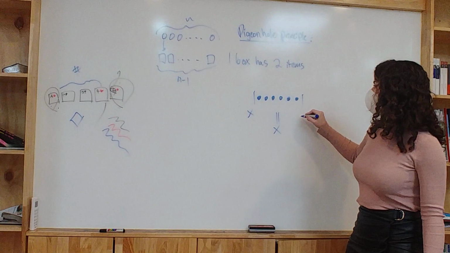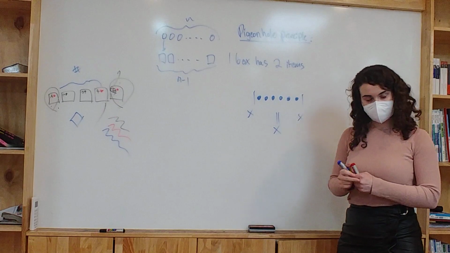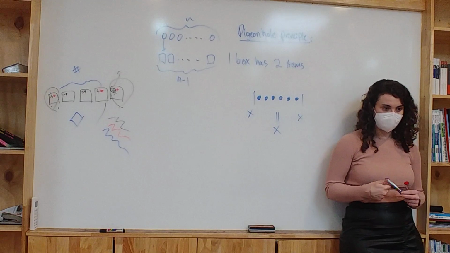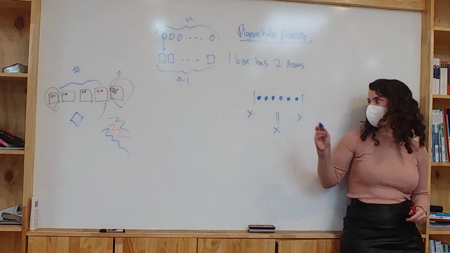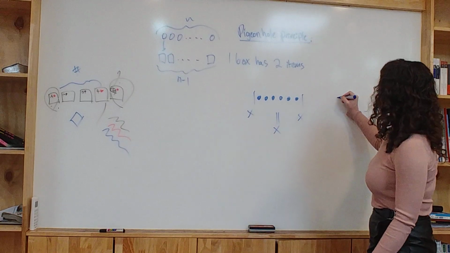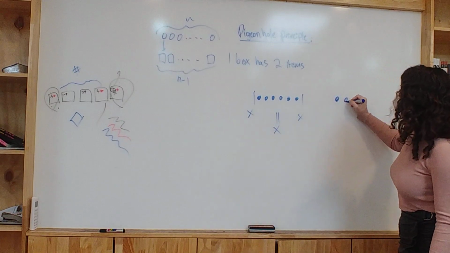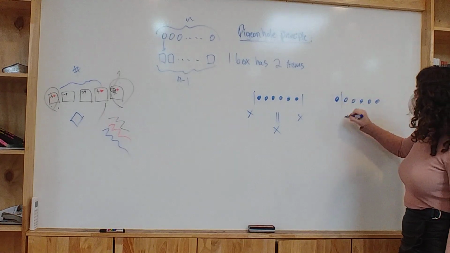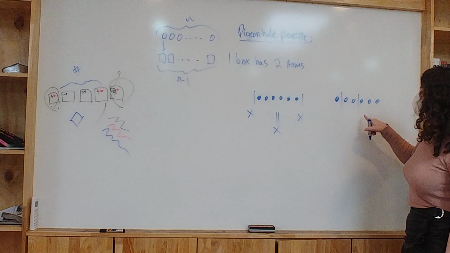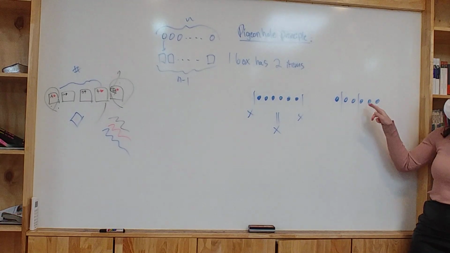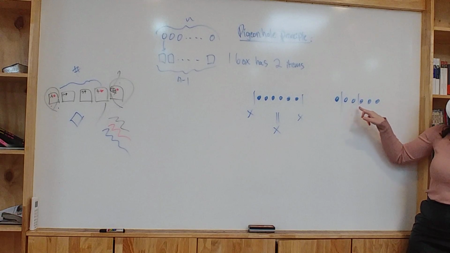And you can't have one here. So the line should be between the balls. Yeah, there has to be at least one ball. So an example of something that would be okay is this. Or you could put them one here and then one here.